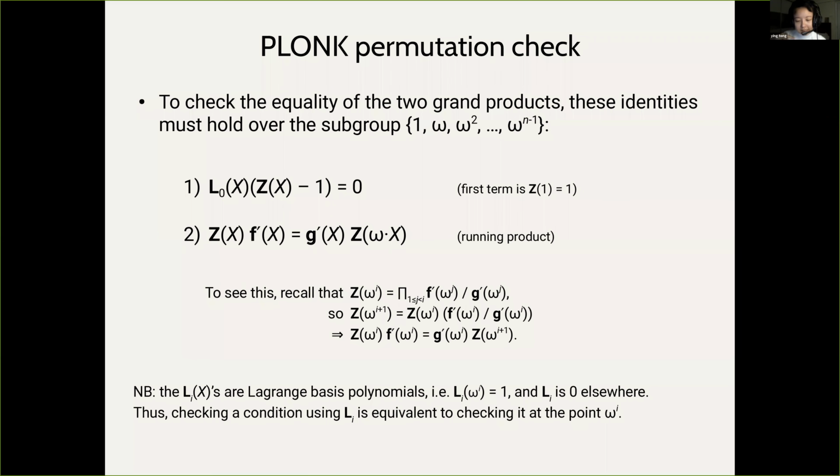So all that's left now is to check that at the first point, we're starting off at 1 as we expect. And if these two conditions hold true, then we are convinced that the permutation is equal to the original polynomial.